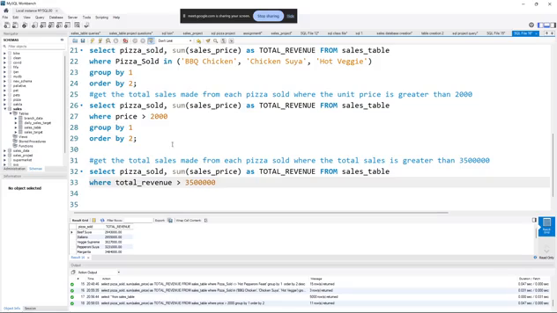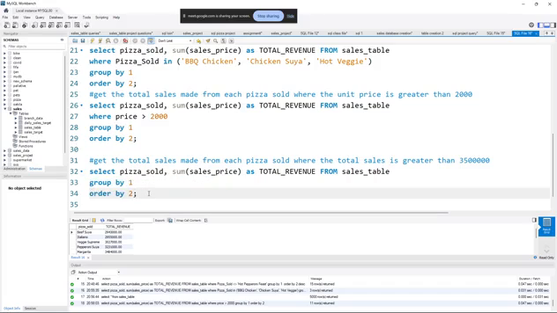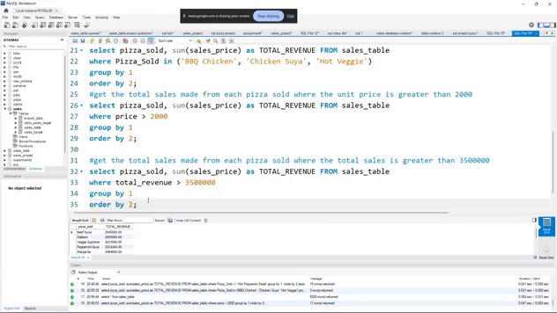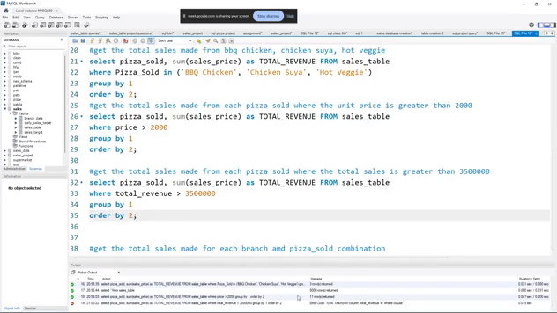Yes. Then I'll put this. This would not go obviously. If I run it now, I'm going to get an error. Can you see? I have an error.